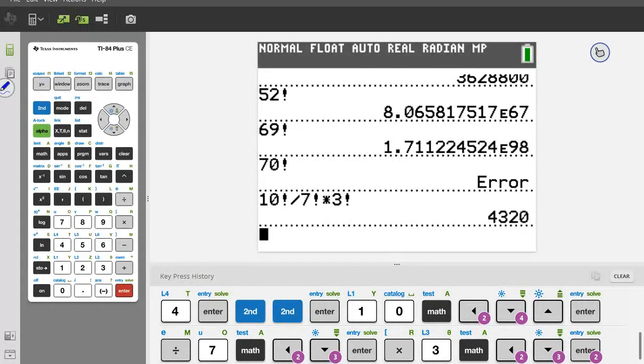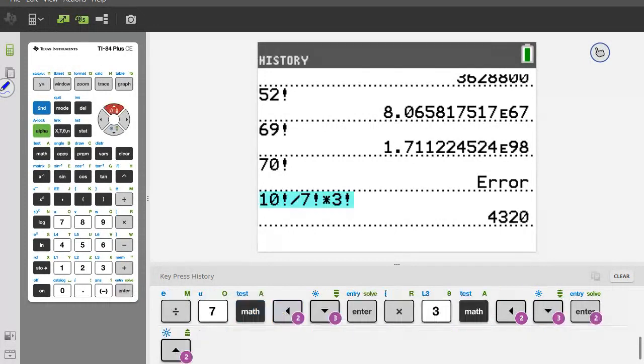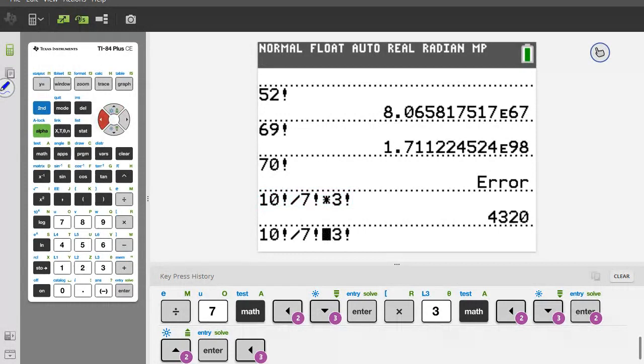But what you want to do is multiply 7 factorial by 3 factorial first and then divide that into 10. So you need your brackets.